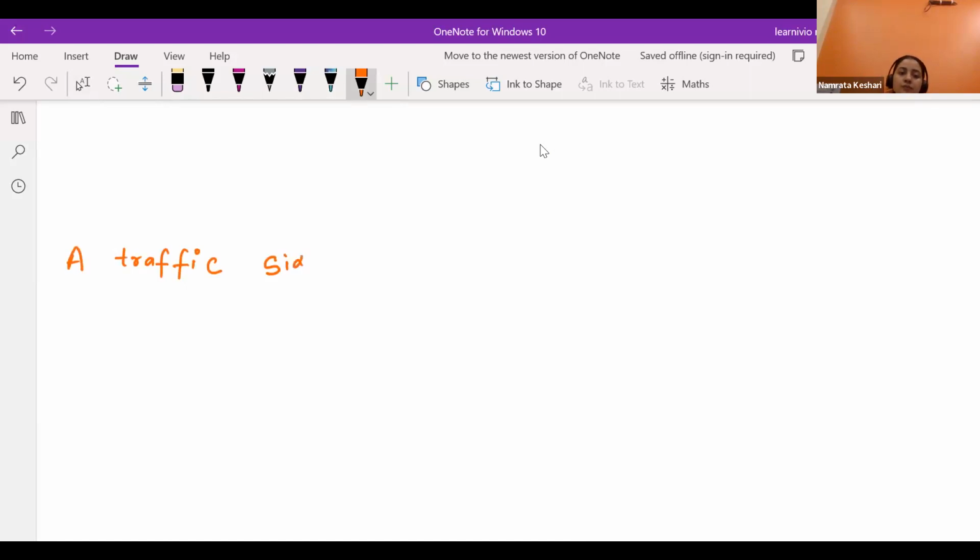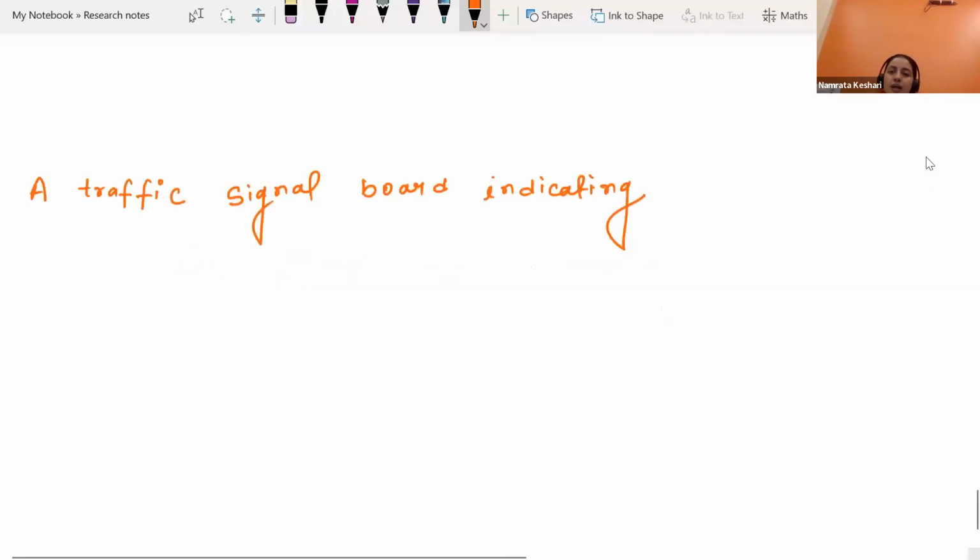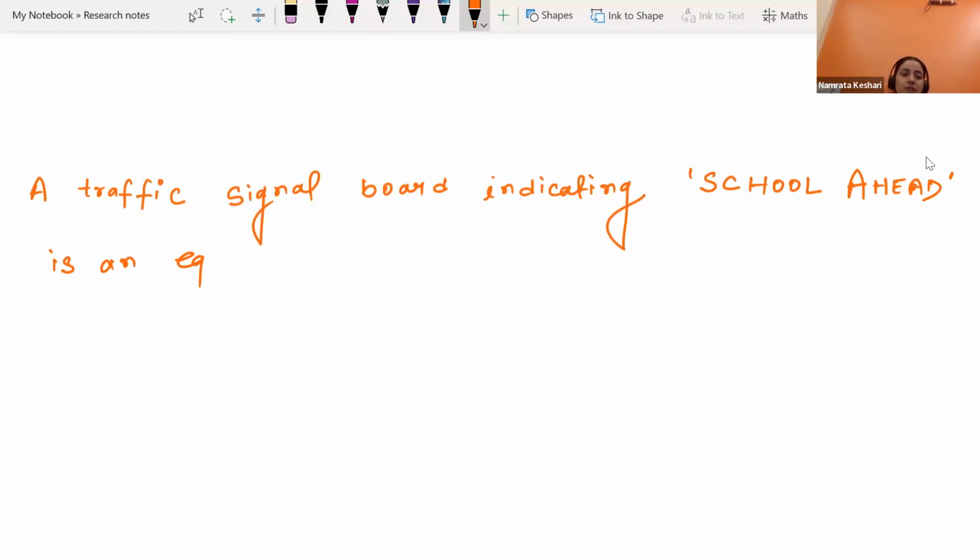A traffic signal board indicating school ahead is an equilateral triangle with side a.